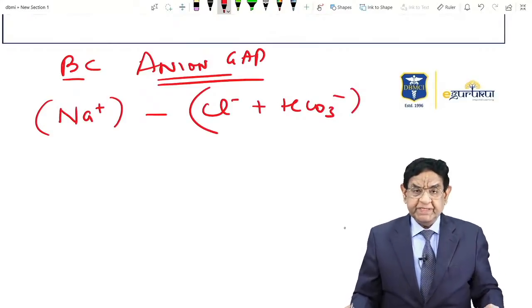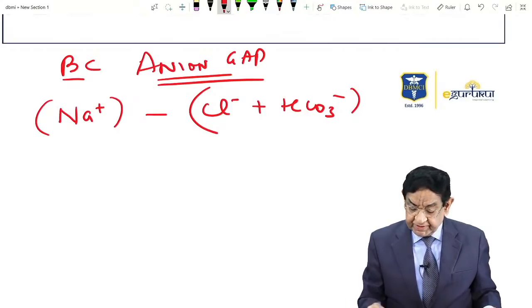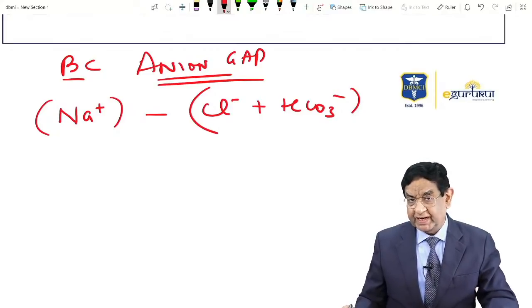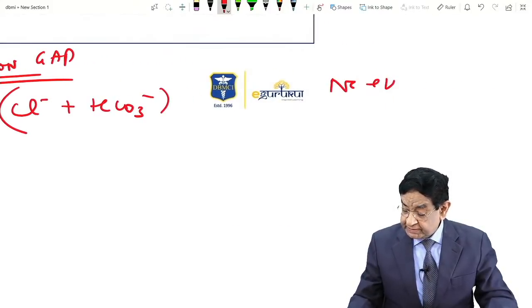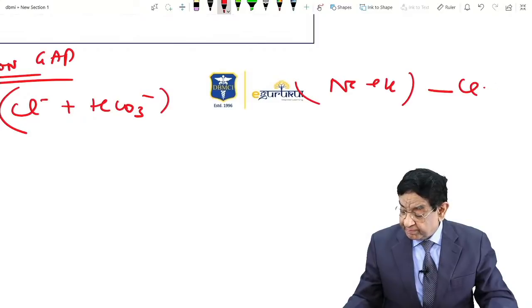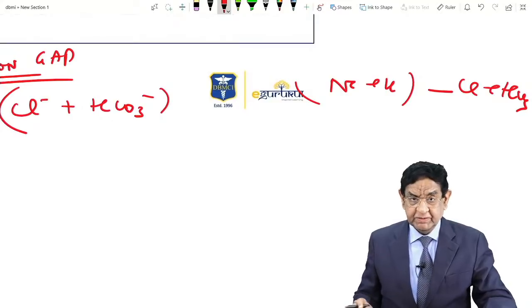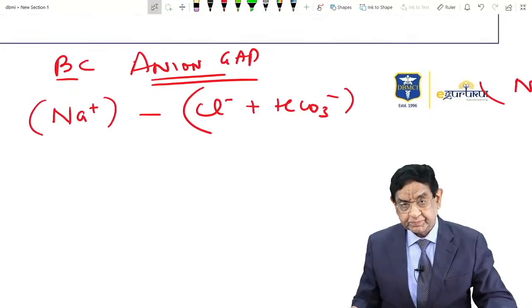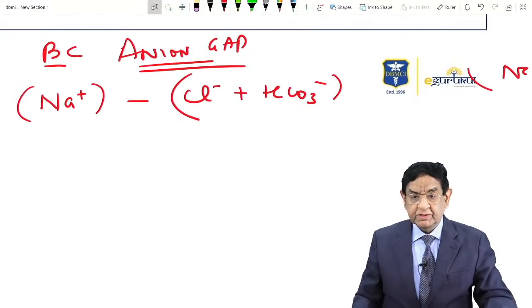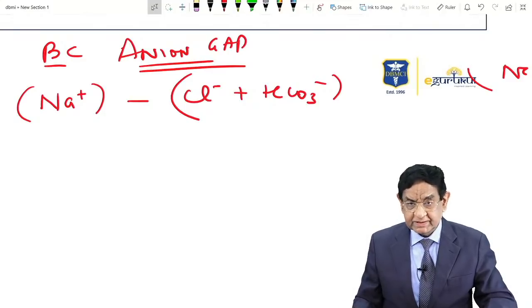But before I proceed further, let me tell you one more confusion. I have written sodium minus chloride plus bicarbonate, but in some of the books they have written sodium plus potassium minus chloride bicarbonate. This is also written in some books, but the majority of books go by this formula, or in the exam also, whichever you see, they may go by this.